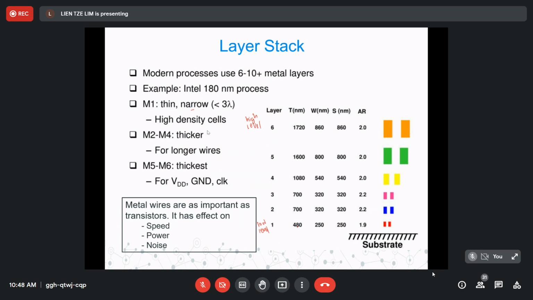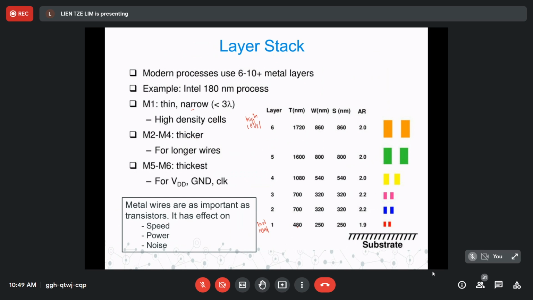The layers that are used to connect all the transistors or all the cells use this low level layer. If we want to connect one module to another module, maybe thicker layers should be used. So here you see the layers M2 to M4 with thicker layers.